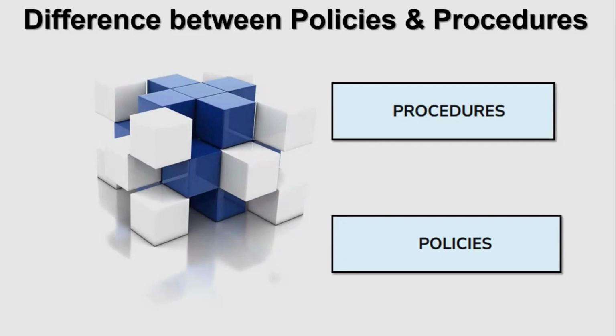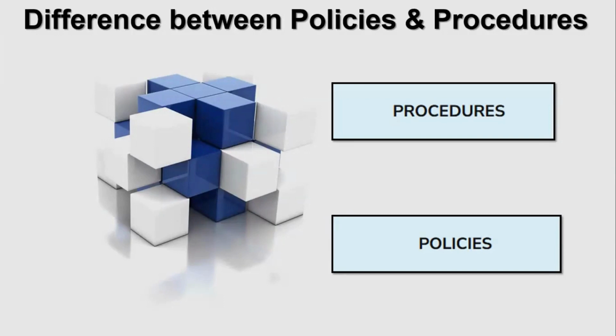Procedures are more operational and specific than policies, and they provide the necessary guidance for employees to perform their tasks consistently and efficiently, ensuring compliance with organizational policies and external regulations.